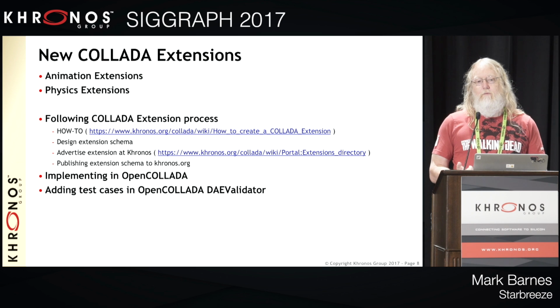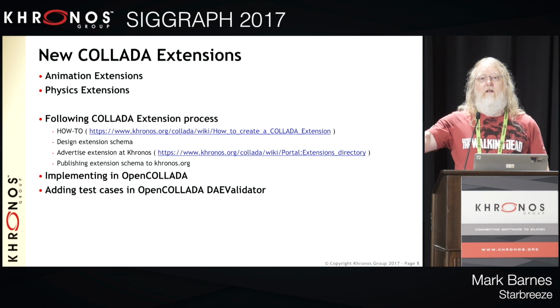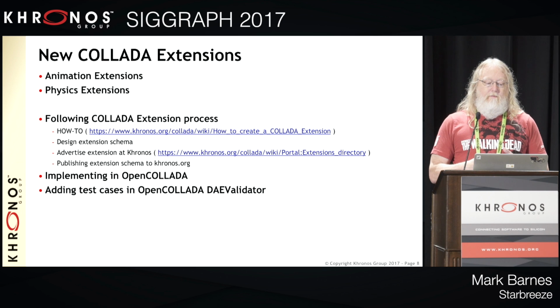The first thing you'd want to do, rather than just start creating elements that describe your data or metadata for your problem or your solution, is to design the schema for it too, because then you're taking advantage of XML authoring tools, and you know that you're doing a proper job of merging your extensions within the whole scheme of COLLADA and any other extensions that might be attached.